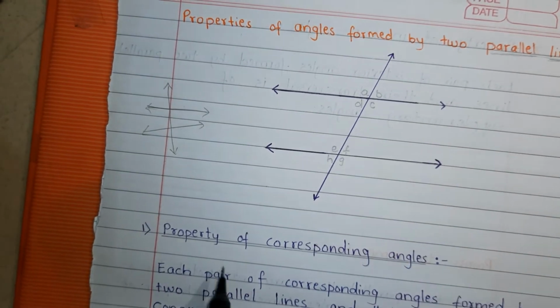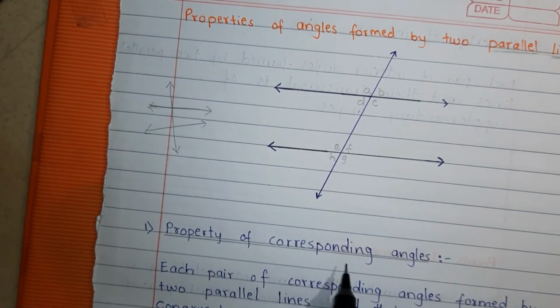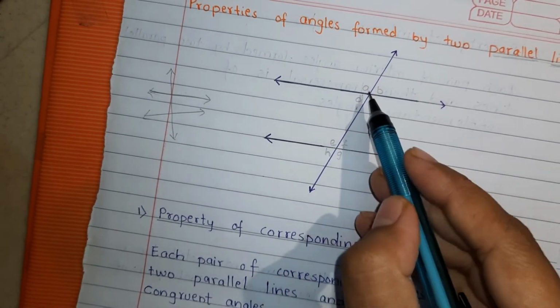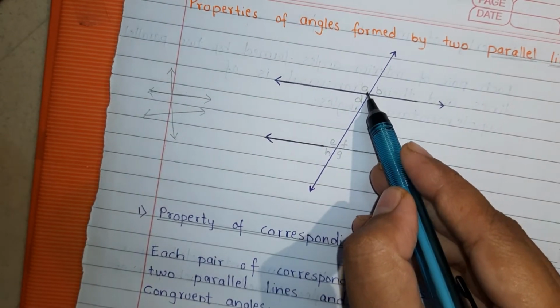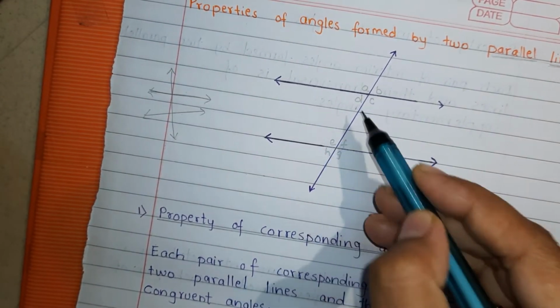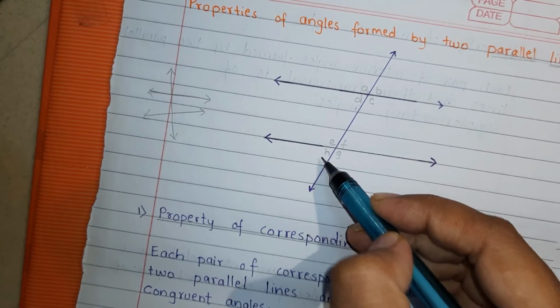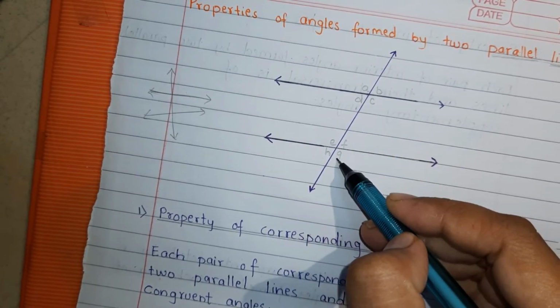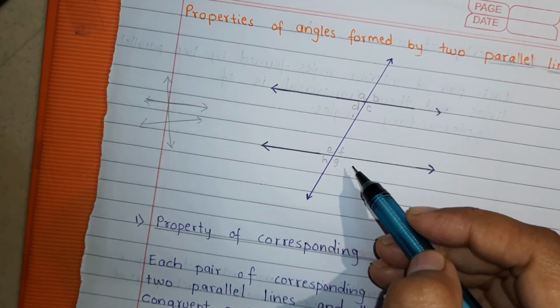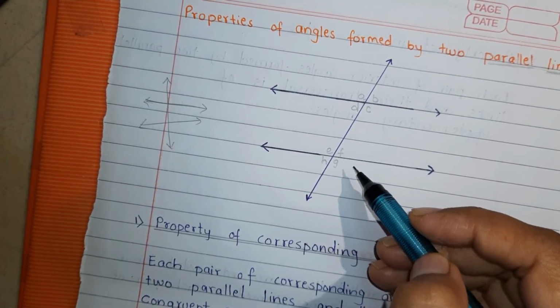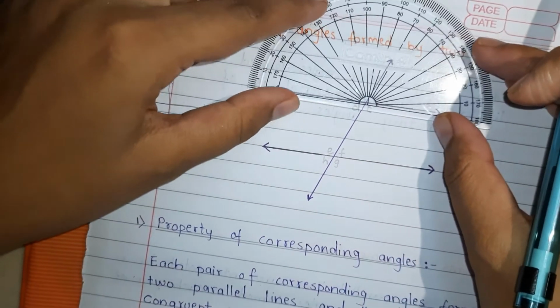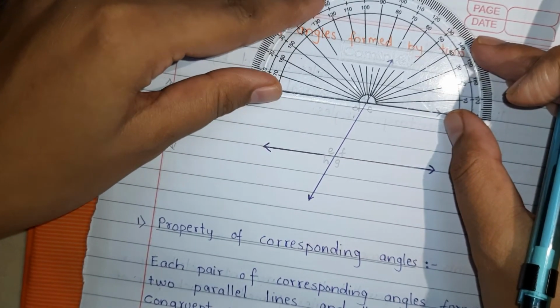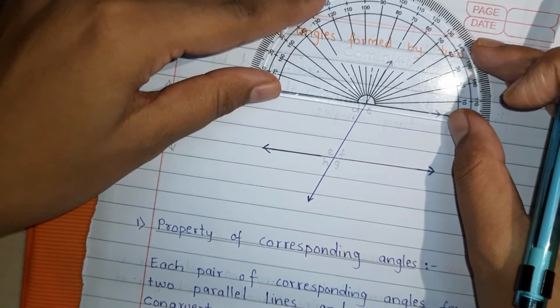In parallel lines, the first property is of corresponding angles. Now here, which are the corresponding angles? A and E, D and H, B and F, C and G. Now, if we measure these angles with a protractor, suppose we measure angle A. What is the measure of angle A?